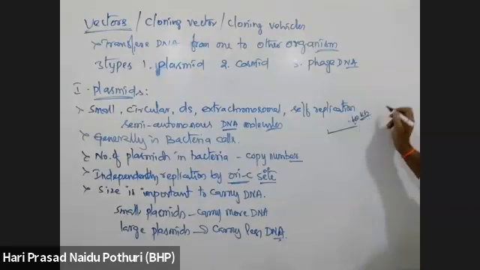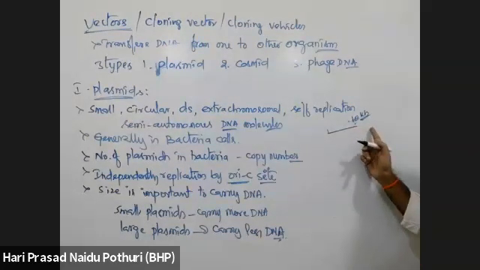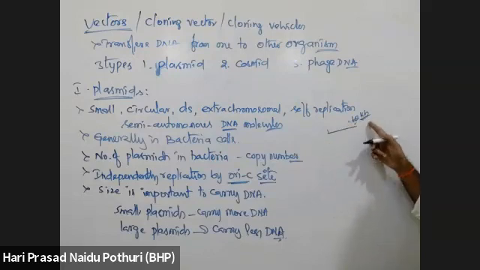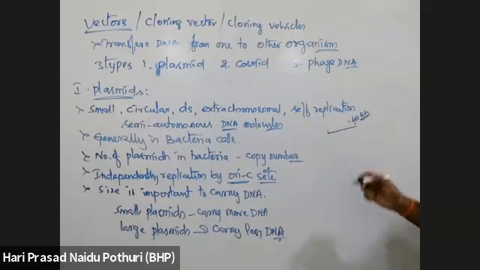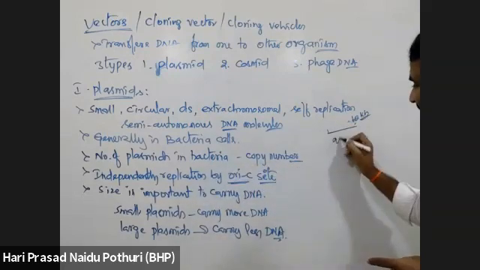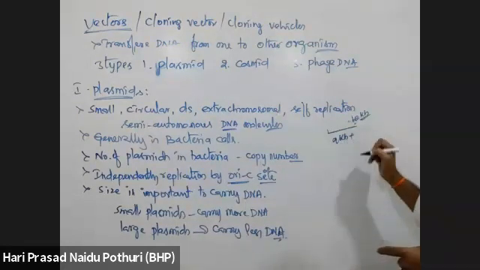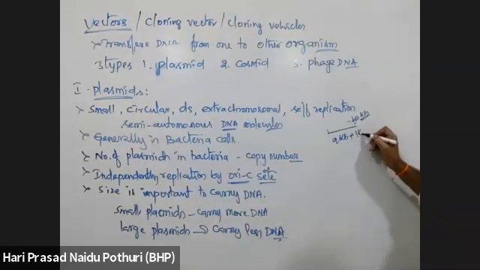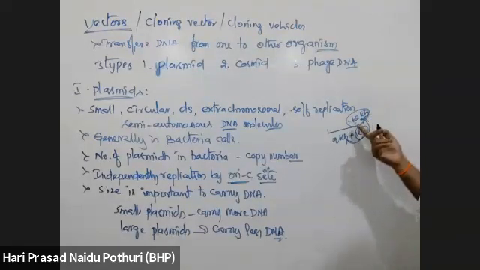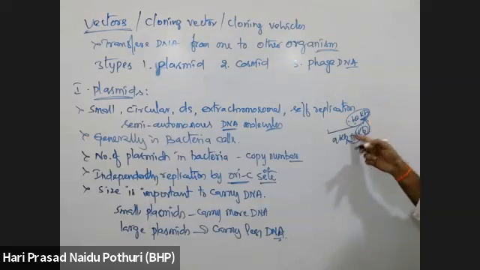Suppose 10 kilobases is the maximum size of rDNA we can transfer. If this vector itself is 9 kilobases, then 1 kilobase of new DNA can be added to this, so 10 kilobases is possible. More than 10 kilobases is not transferred into the host, suppose.